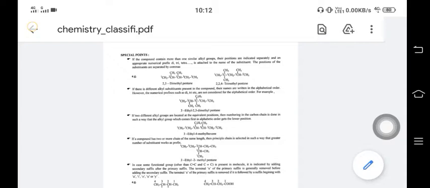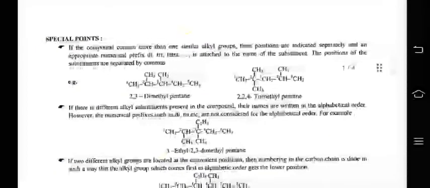And if the compound contains more than one similar alkyl group, their positions are indicated separately, and an appropriate numerical prefix, that is di, tri, tetra, is attached to the name of the substituent. The positions of the substituents are separated by commas. The structure is given here.